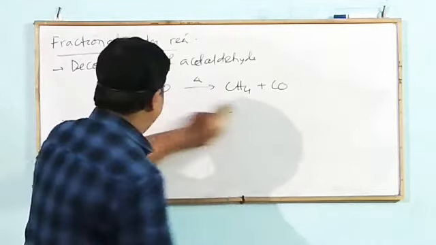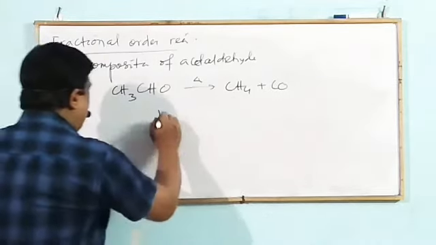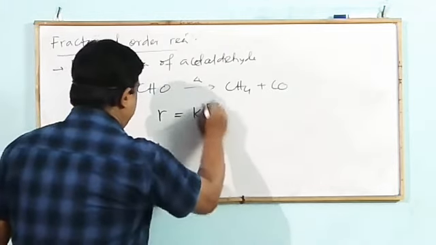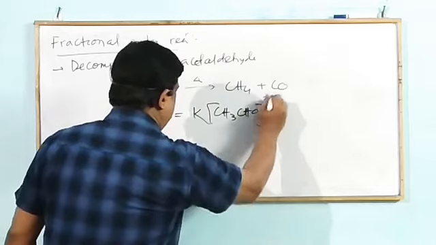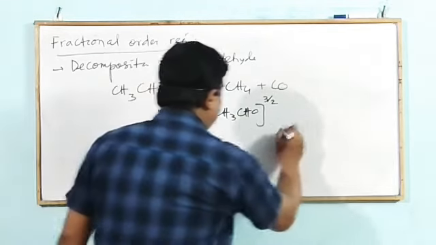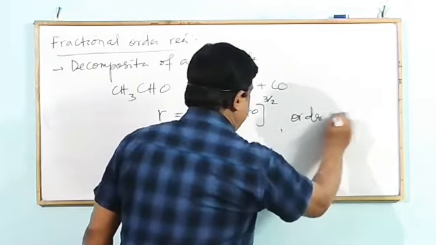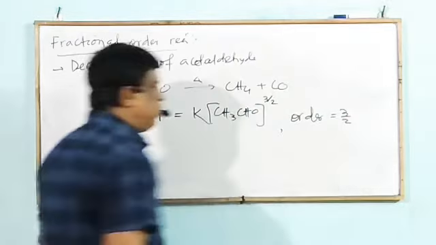So here, before going to this one, according to rate law expression, R is equal to K, molar concentration of acetaldehyde to the power 3 by 2. That means order of reaction is equal to 3 by 2 or 1.5.